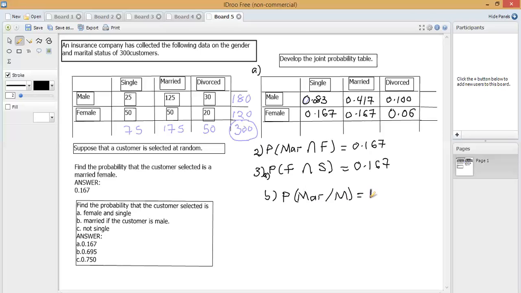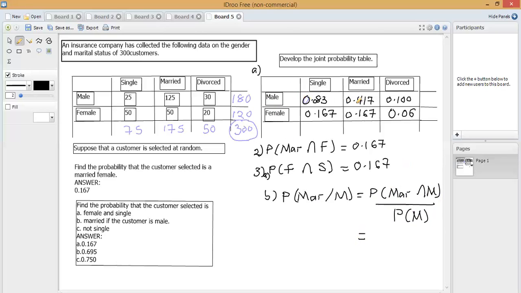So this is probability of married intersection male, all over probability of male. You know this formula. So now let's find the intersection between the married and the male.